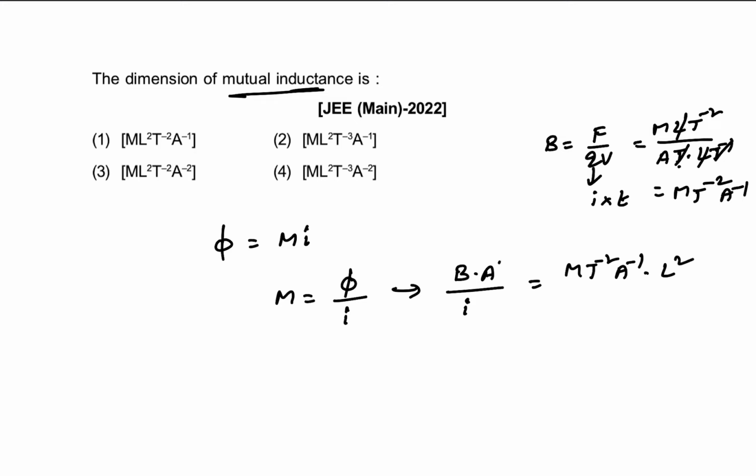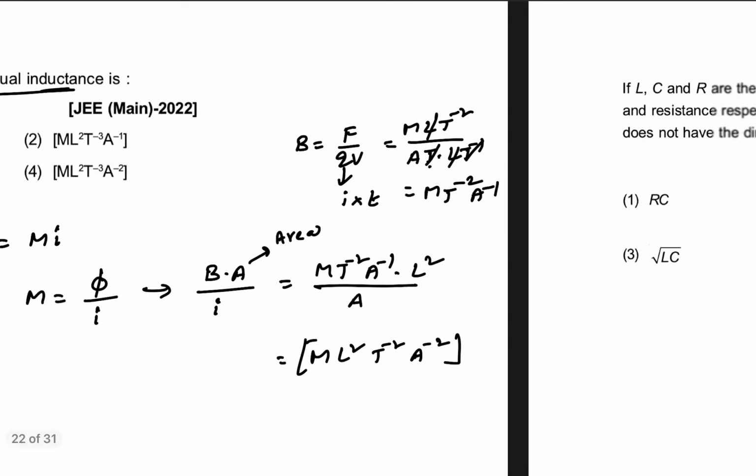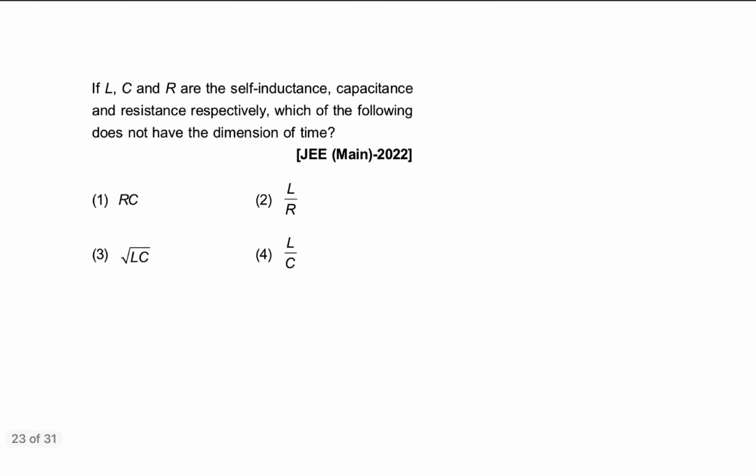M T power minus 2 A power minus 1, area is L square, divided by the current, which is ampere. So you can write M L square T power minus 2 A power minus 2. Observe this: M L square T power minus 2 A power minus 2, third option is there. Write carefully. Actually we cannot remember magnetic field and magnetic flux, everything; that's why every time I am writing, you can also check how I am writing. Okay.